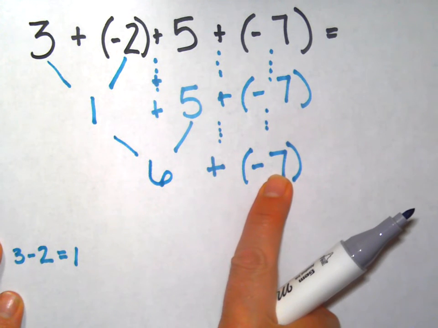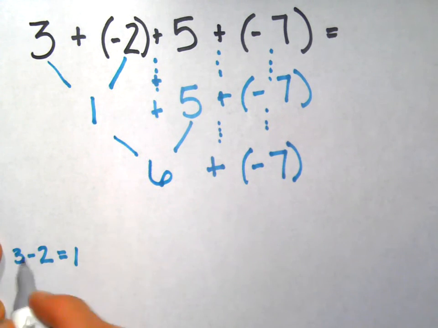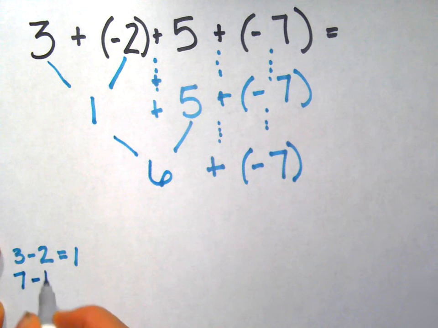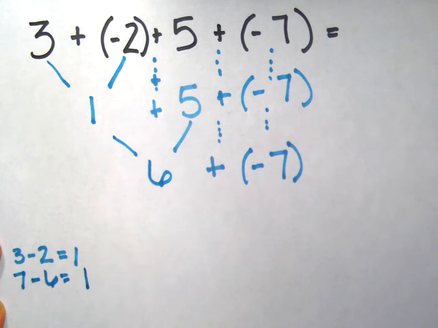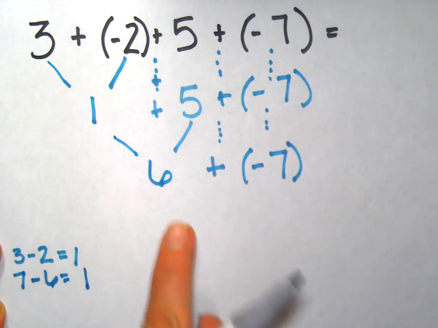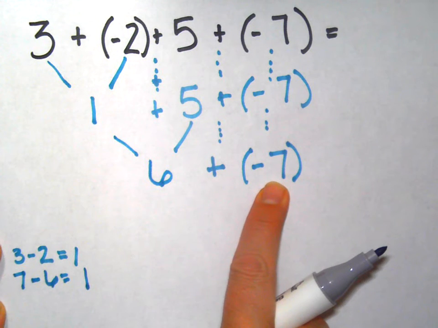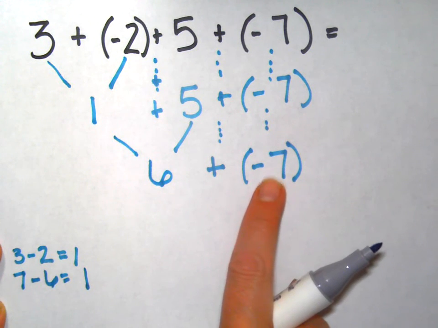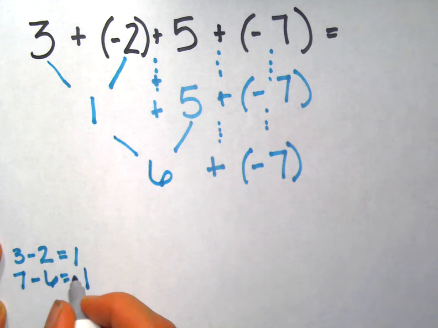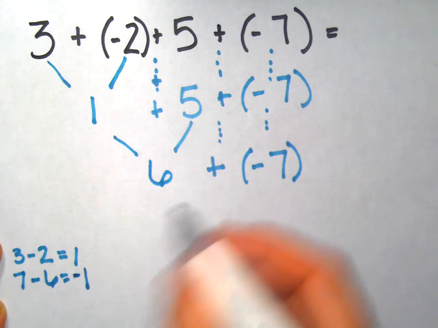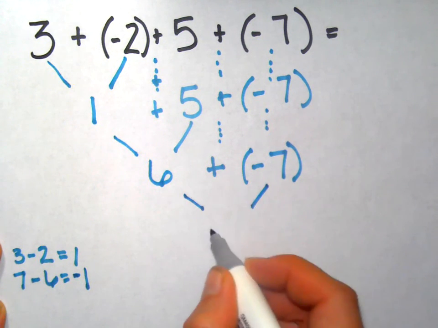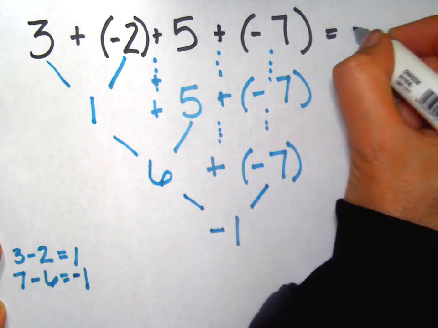The absolute value of -7 is 7. So I'm going to do 7, take away 6, and I get 1. But then I got to check my sign. Which one of these numbers is further from 0 on the number line? Would have the longer arrow. That one, and it's negative. So I'm going to take -1. So my final answer is -1.